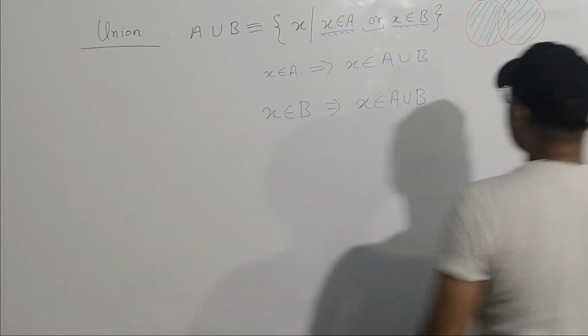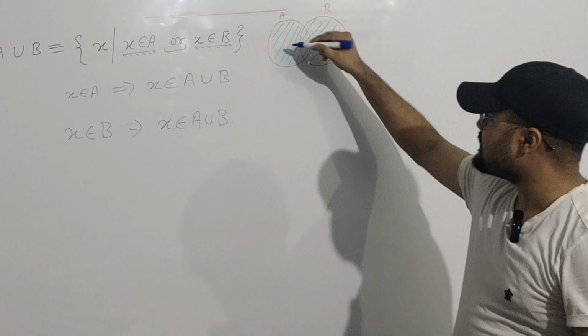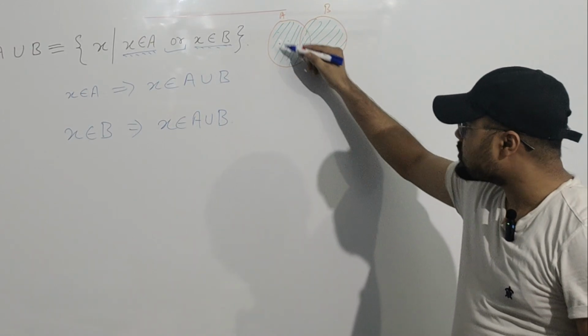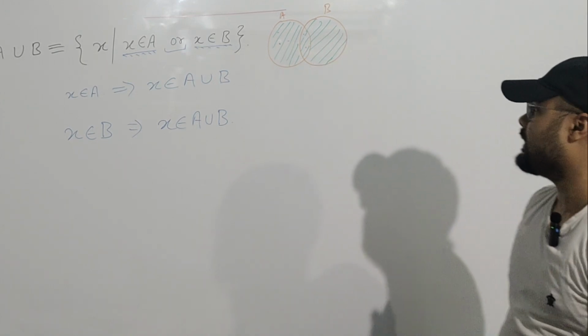As you can see, for any element X, if that happens to be this element or this element or this element, then it belongs to A. It may happen to be here, it may happen to be here.